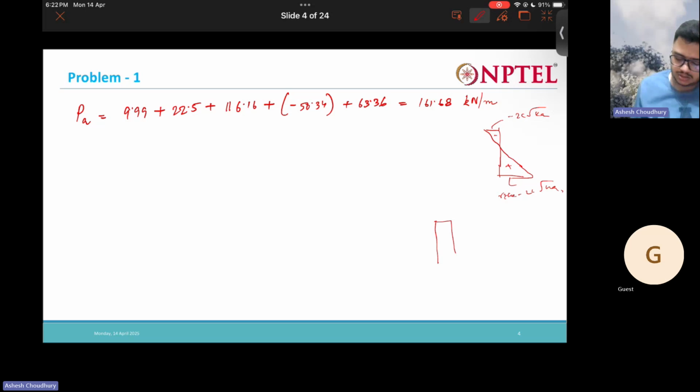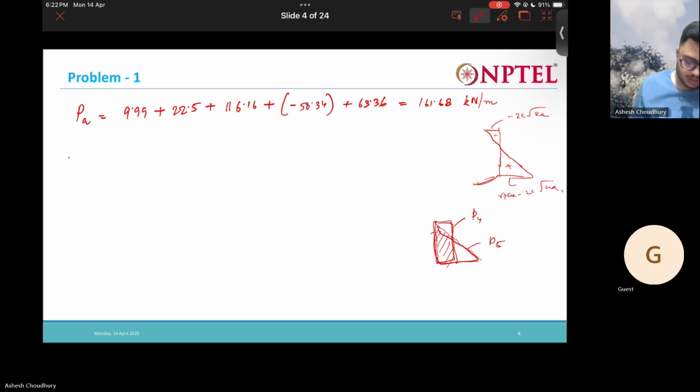If you combine them, this part is getting cancelled out, hence you are getting this. I'm doing this and this separately. That is my P4 and this is my P5.